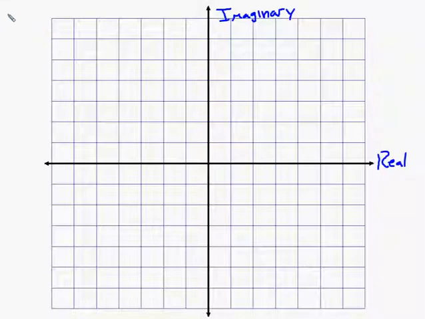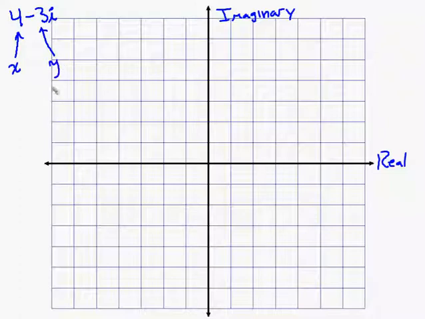So if I wanted to graph 4 minus 3i, we're going to basically consider this our x component and this negative 3 as the y. But I want you to emphasize, even though this is in a two-dimensional plane, this represents one number. Okay, so 4 minus 3i is right here. 4, negative 3.